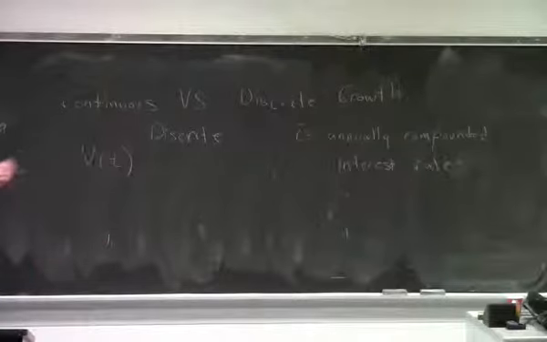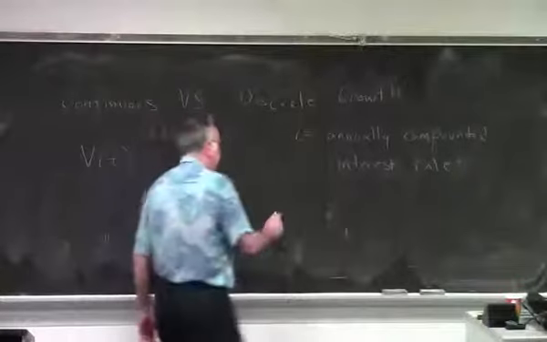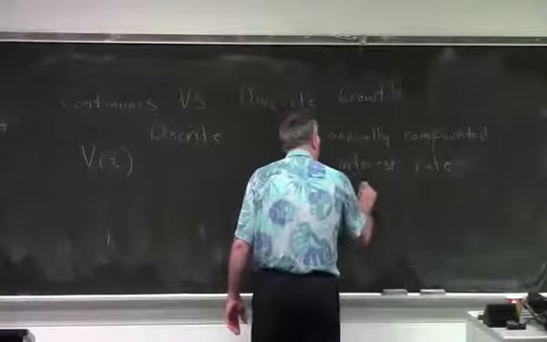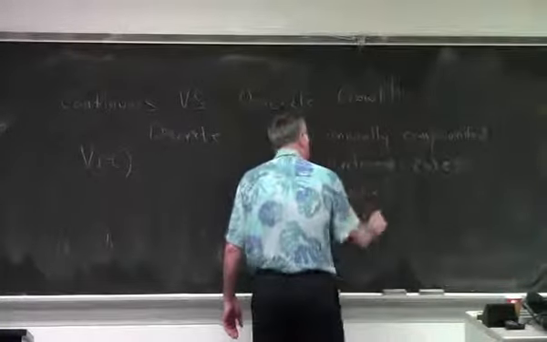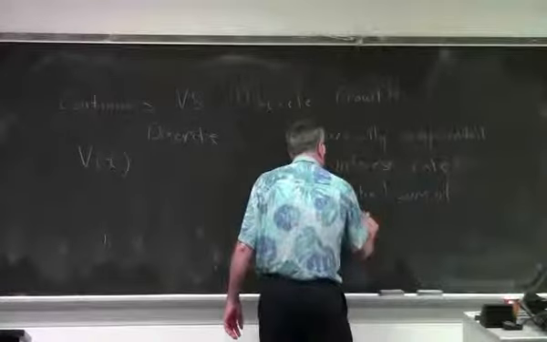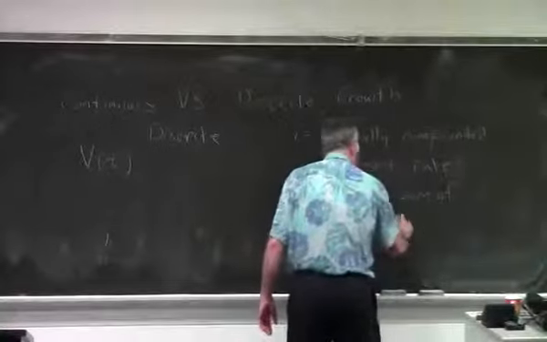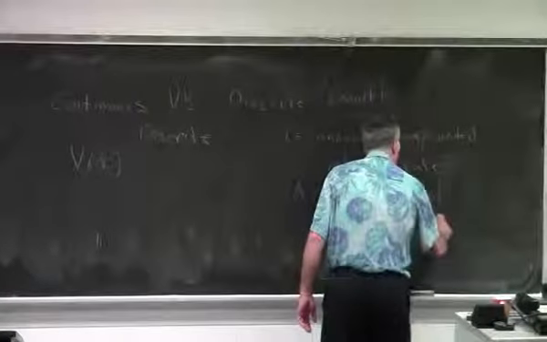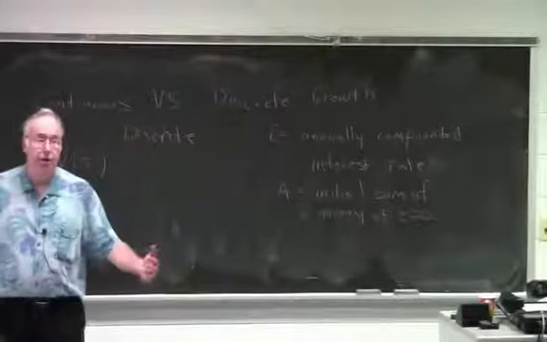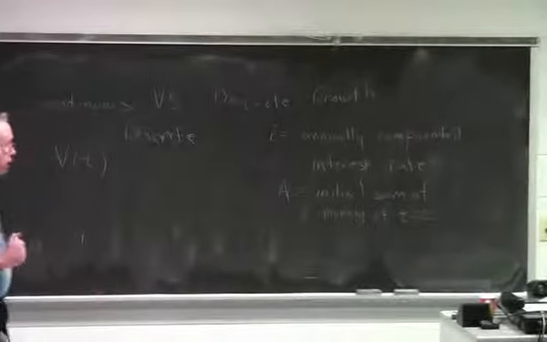So when you see I, that means in this course it's the annually compounded interest rate. And let A be the initial sum of money that you have at t equals 0. t equals 0 is the present. Okay? And t is measured in years.